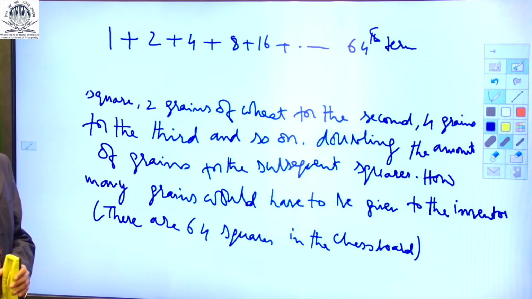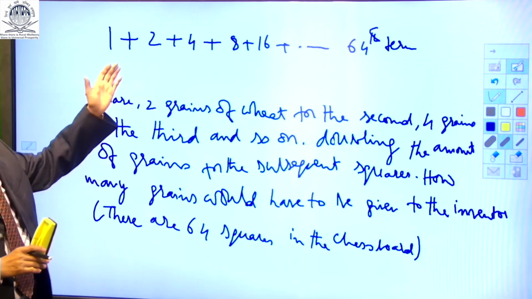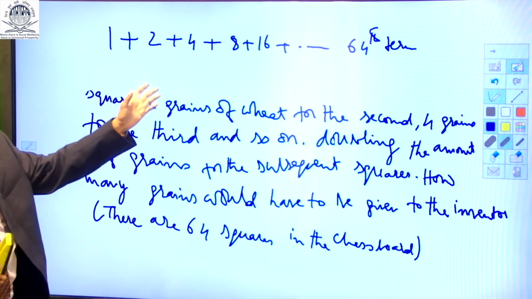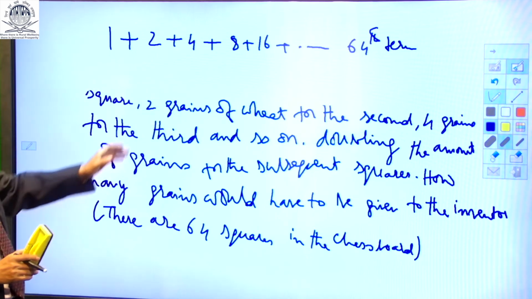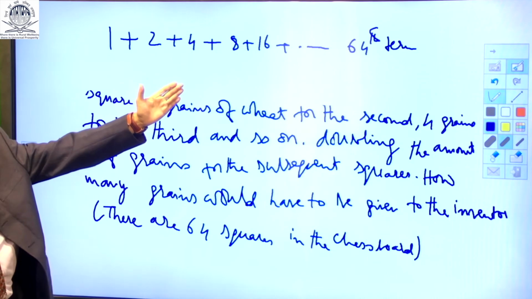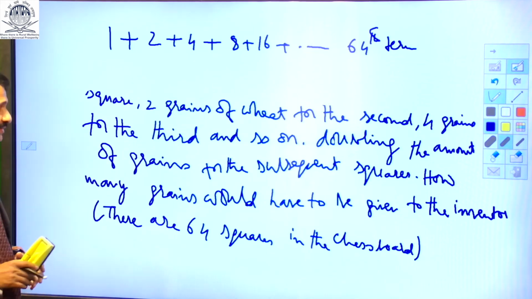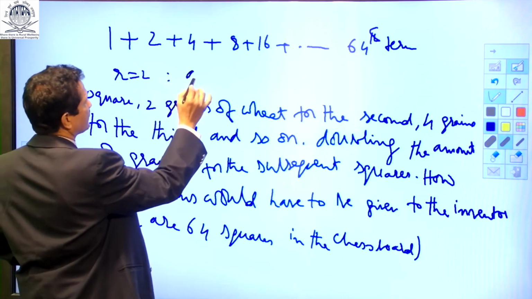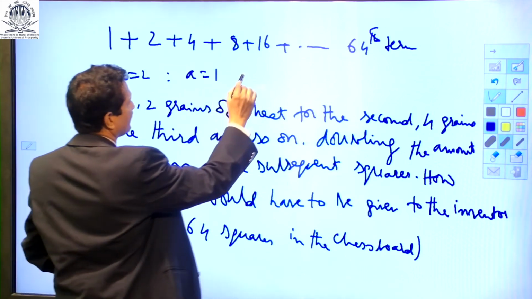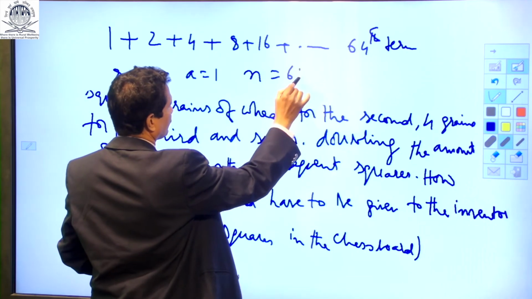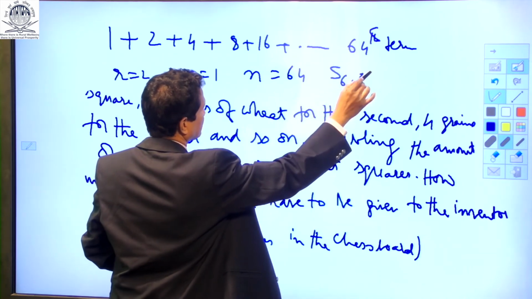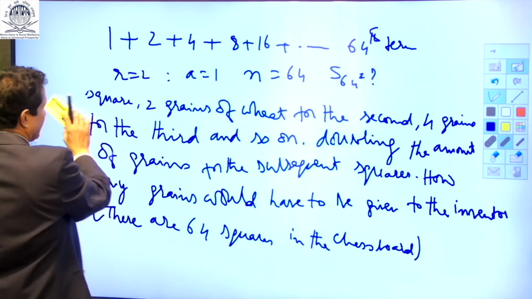Now, you have to recognize whether this is an arithmetic progression or a geometric progression. Here very clearly we see that the common ratio is 2 because there is a multiple of 2 here. So, here R is equal to 2, A is 1, N is 64. So, you have to find S64, the sum over all these squares.